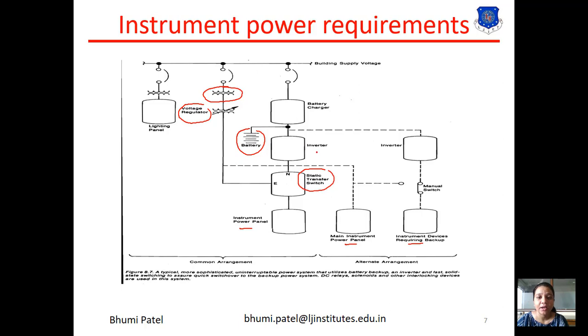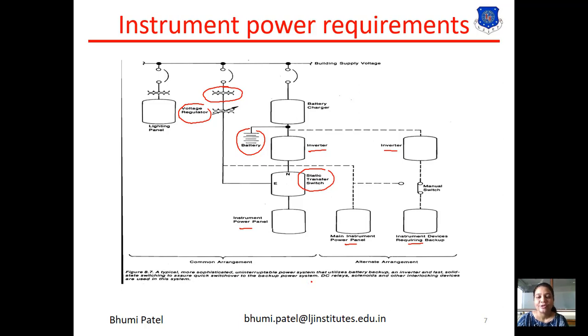We can also connect an inverter for every control panel, and a battery charger for the battery. So the uninterruptible power supply utilizes battery backup, an inverter and solid state switching to ensure a quick switchover to the backup power system.